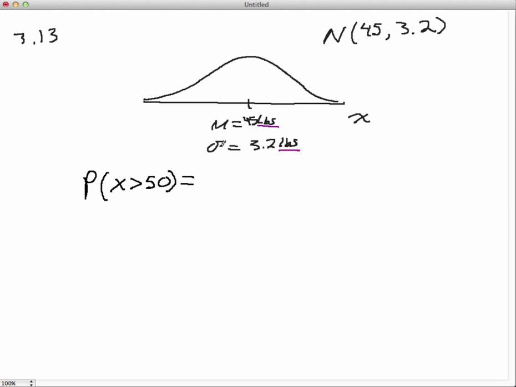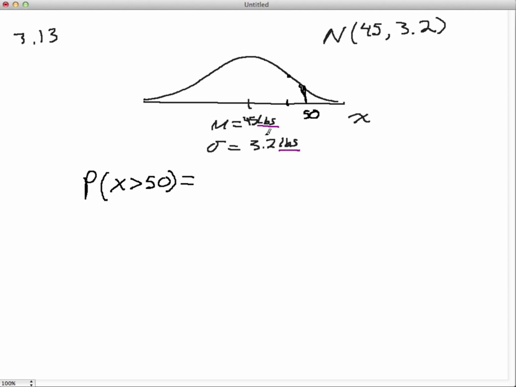All right, so let's see if we can draw a sort of accurate drawing here. We know that 3.2 pounds is one standard deviation, so that should be about 3.2 pounds right there. In other words, that should be roughly at about 48.2 pounds right there. So 50 pounds is going to be somewhere in this neck of the woods right here.